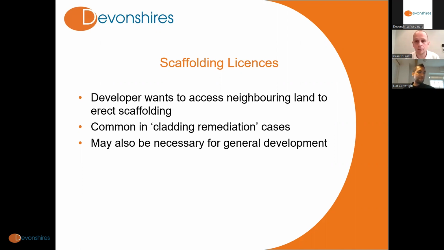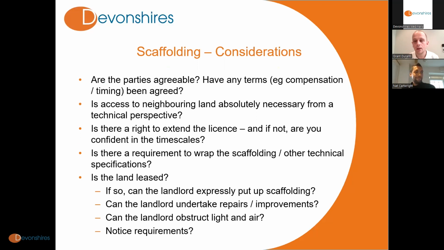So a couple of general considerations specific to scaffolding. Next slide, please, Nat. First of all, is your neighbour agreeable? Have we agreed terms, which we would expect to be along the lines that Nat has just outlined? For example, compensation to be payable, some kind of premium or inducement.